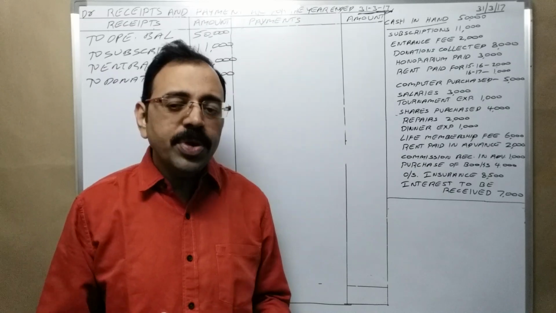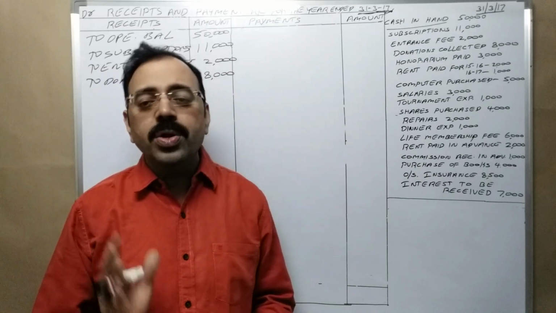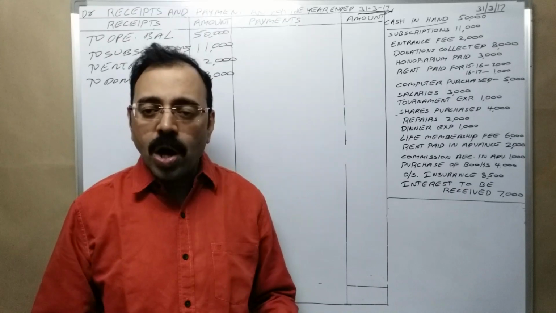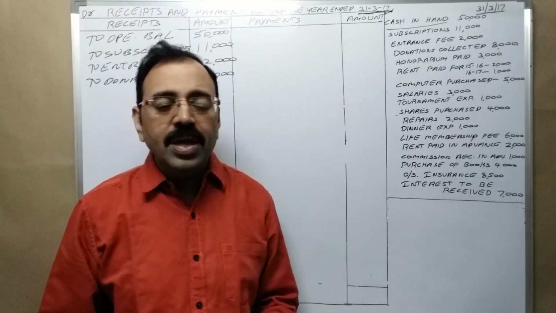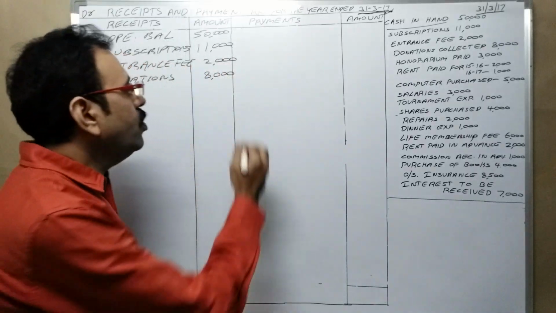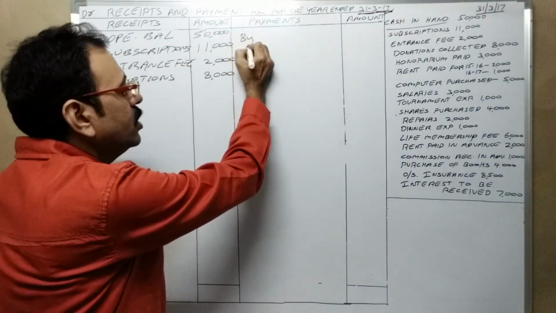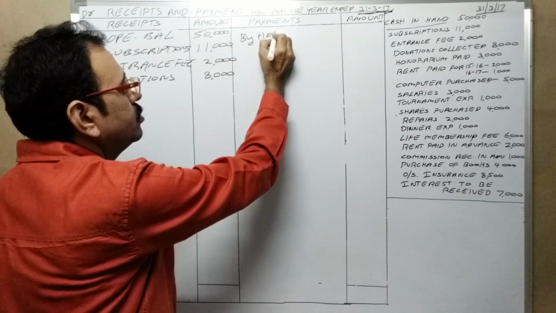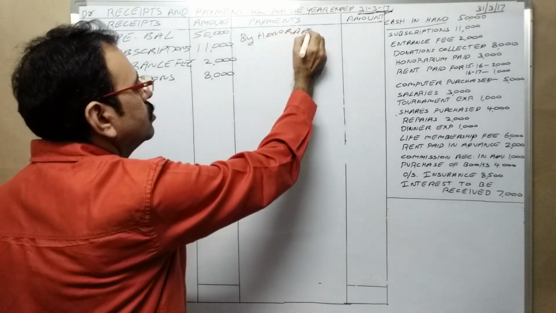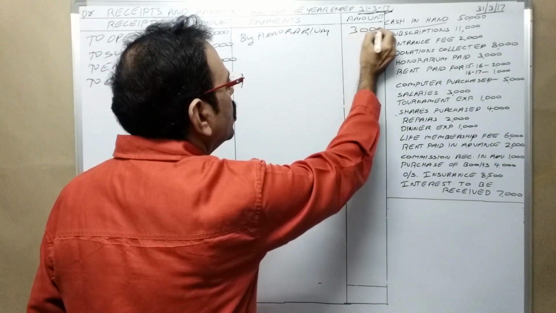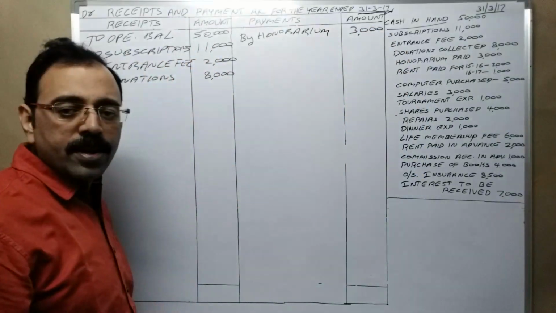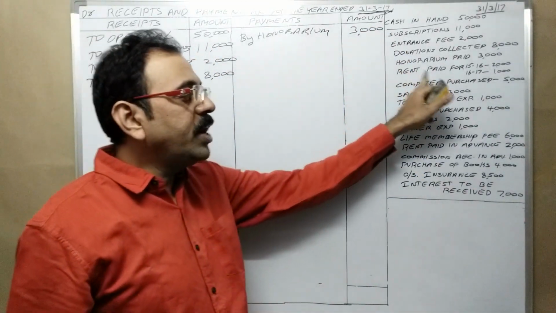So what is the appropriate word here? Honorarium. With honor, we paid some amount to him. Clear? Cash is going. Therefore, we should write that on the credit side. Amount is 3,000 rupees.